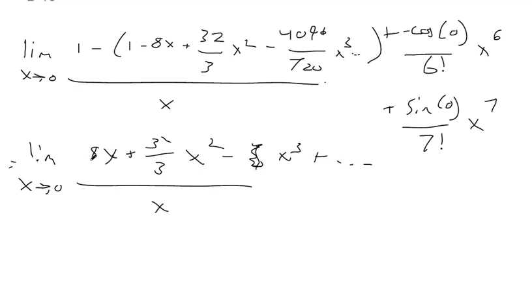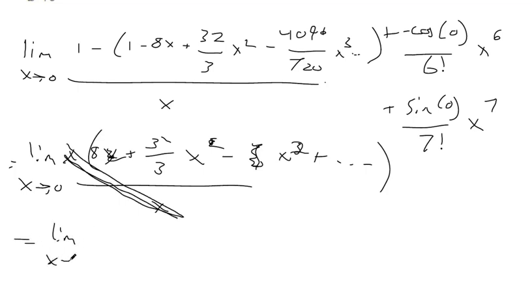So you can factor at least one x out of everything. So factor an x out of the numerator. So that makes 1, that makes this to the second, and the x's cancel out in the denominator. So now you're going to have the limit as x approaches 0 of 8 plus 32 over 3x minus some big fraction times x squared.